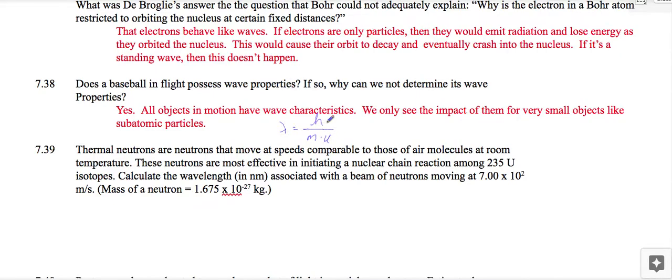And Planck's constant is such a small number, 6.63 times 10 to the minus 34th, we have to have a super small mass before we start seeing a wavelength that is noticeable. So that's why we don't see them for anything else other than for subatomic particles.